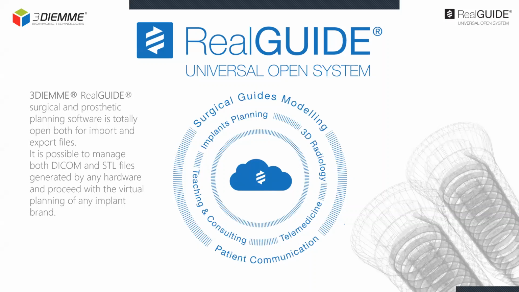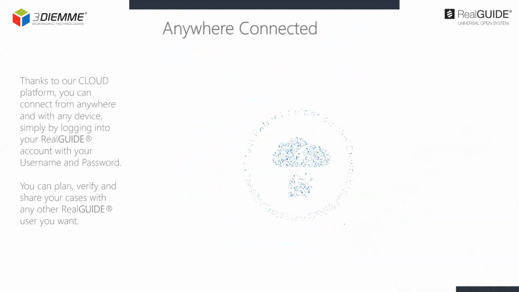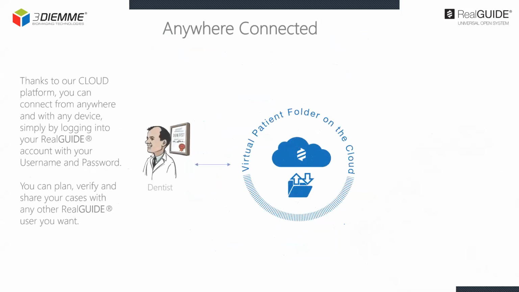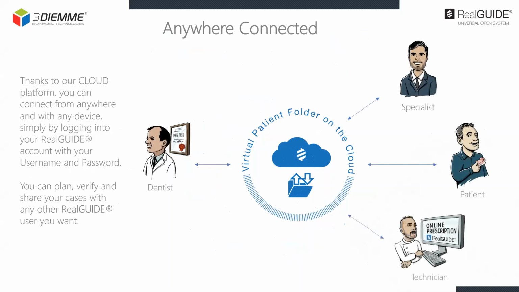RealGUIDE is a Class 2A medical device, and it's CE marked and FDA approved. In addition to being installed on your device, the software is also available on the cloud platform. This is a great advantage because the user has the possibility to access his account anywhere and from any device, simply through his own username and password.